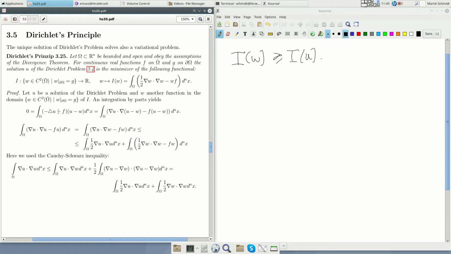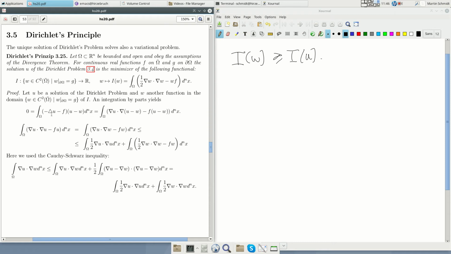Okay, so we first do an integration by parts. We have clearly that this is 0 in omega. So if we multiply this by this, then this is also 0. Now integration by parts means, of course, that the second term we don't change.